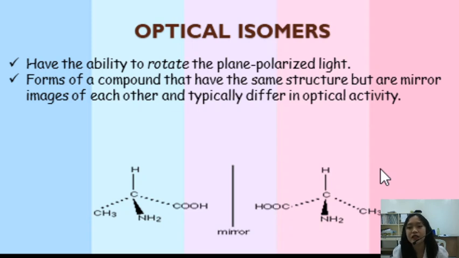So para silang mirror images of each other. Correct? Para silang left and right hand. So nakita, carboxylic group here, COOH, then dito, carboxylic group din. Nasa left side ang methane, sa kabila nasa right side siya. But the H and the NH2 are both on top and bottom. So mirror images sila ng isa't isa, but their optical activity differs. So yan ang optical isomers natin.